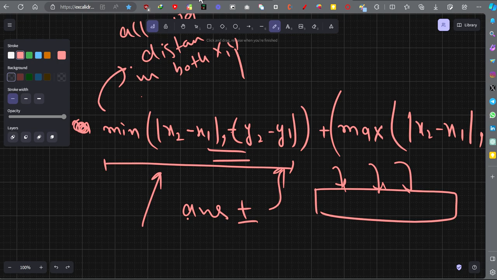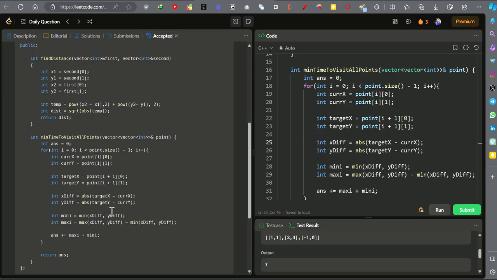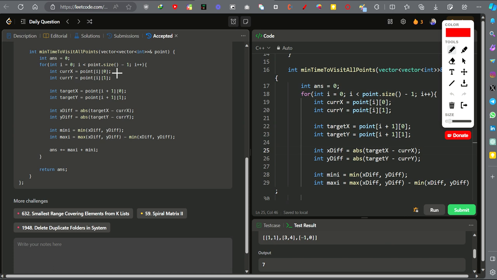Let's go to my submission. This is the code that I have. Initially, I found my current x and current y. Then I found my target index, my target x and target y. I'm iterating from 0 to less than point dot size minus 1.